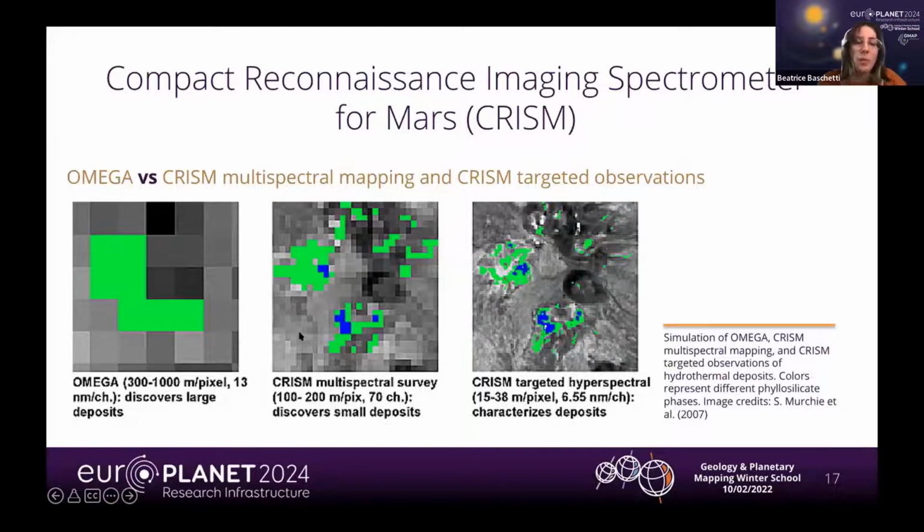So Omega is able to characterize only large scale deposits, while CRISM can go into detail and can further differentiate between some phases. Because, for example, here the blue and the green pixels represent different phyllosilicate phases, which are not detected by Omega, but are differentiated by CRISM.